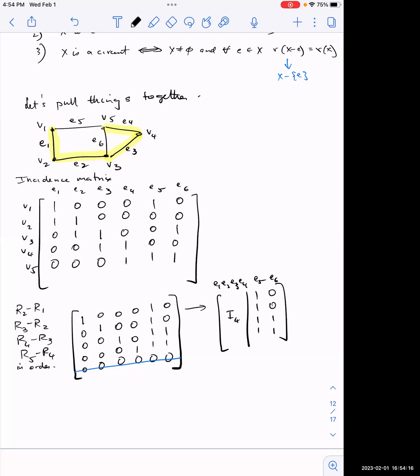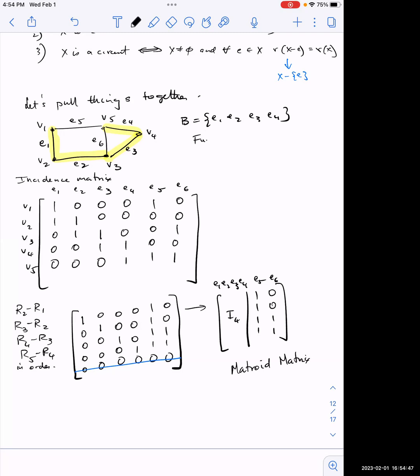Now, we could do this every time we wanted to get what I would call the matroid matrix, but this is cumbersome. It's actually much easier to think in terms of the fundamental circuits with respect to B. So you pick a spanning tree, and you'll call it E1, E2, E3, E4. So that's the spanning tree over there.